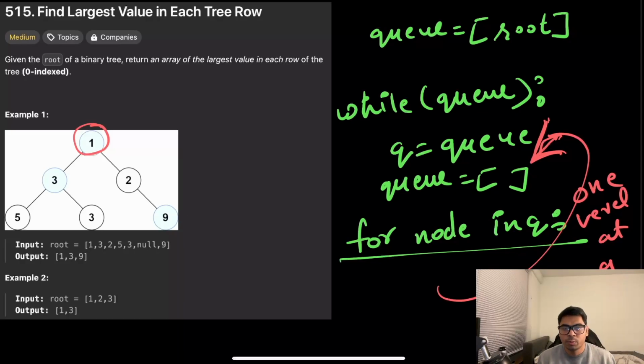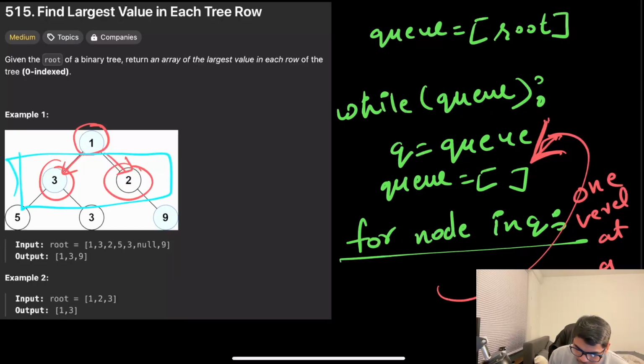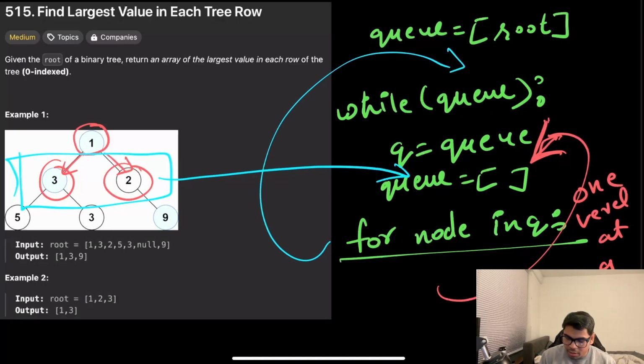Initially it would be just one iteration, but when I check if they have left and right children, these two will go together into my queue. Next time I come back down to the loop, I process these two together because now they're part of my small queue.